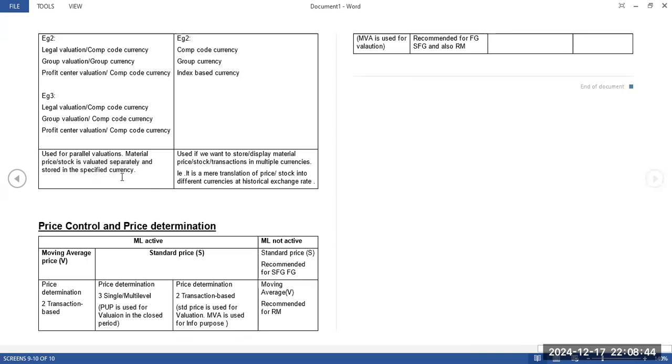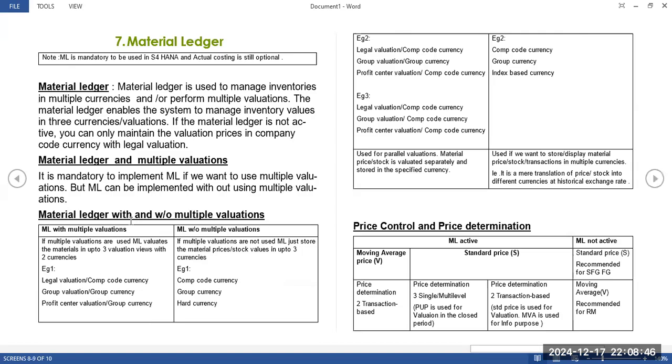That is 2 currencies for material ledger with multiple valuations. Without multiple valuations, it is used if you want to store and display material prices in multiple currencies. It is a mere translation of price into different currencies at historical exchange rate, which is, of course, without valuations, so you can store the stock prices.